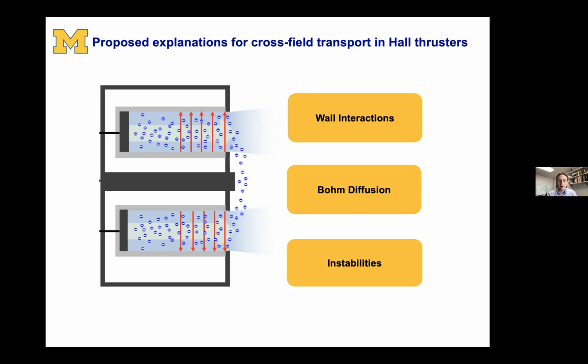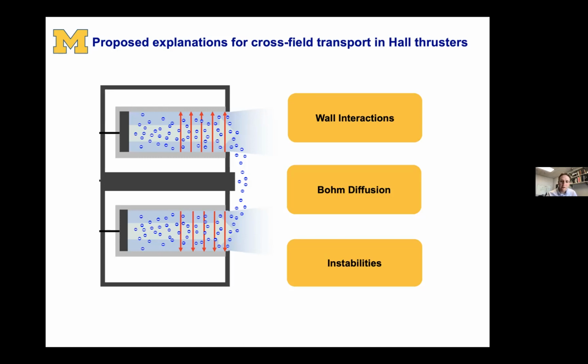Another, borrowing heritage from the high energy density plasma community, is that it can be explained by low density fluctuations, broadly captured by Bohm diffusion. Third, it can be explained by the onset of either large scale or incoherent turbulent instabilities. With these hypotheses in mind, quite a bit of work, experimental and theoretical, has been done over the past 50 years to look at each of these mechanisms.